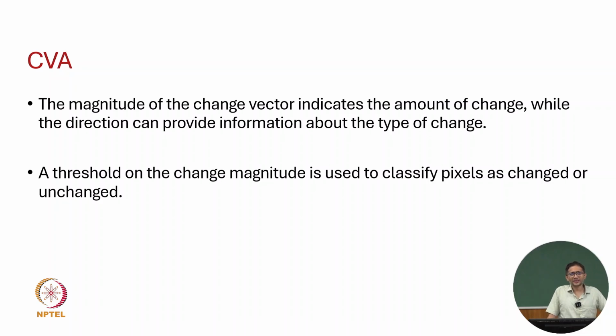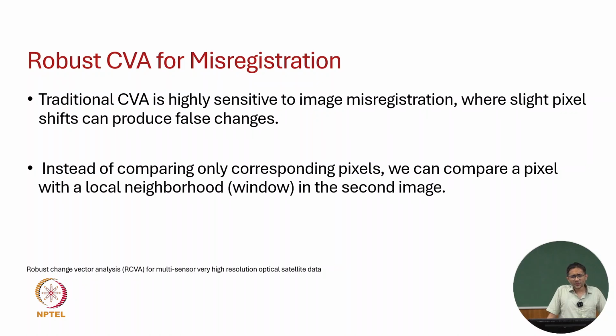There, on top of the magnitude, we apply a threshold to distinguish between the changed and unchanged pixels. If the magnitude is greater than this threshold, changed. If the magnitude is less than this threshold, unchanged. Now, this change vector analysis is done pixel-wise, right?